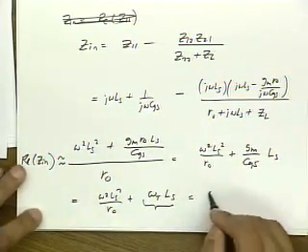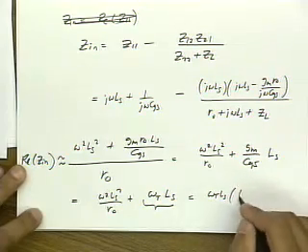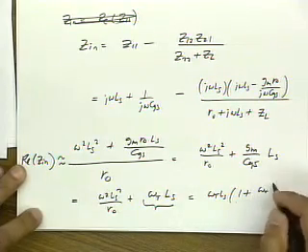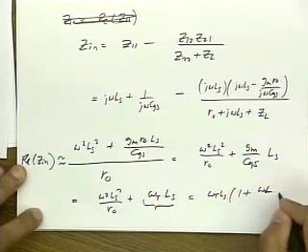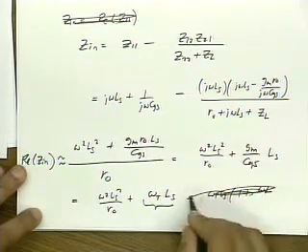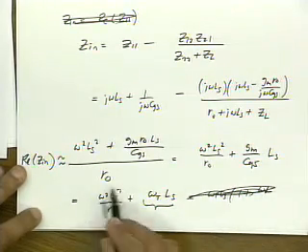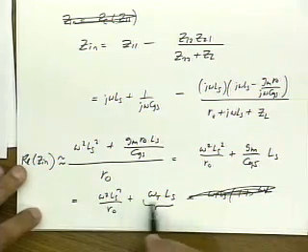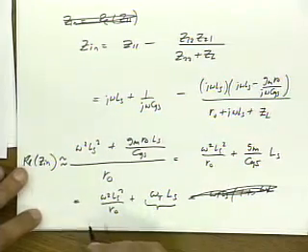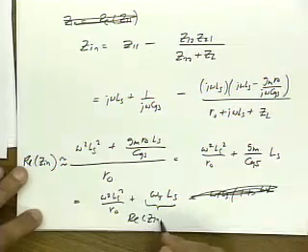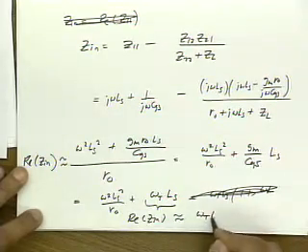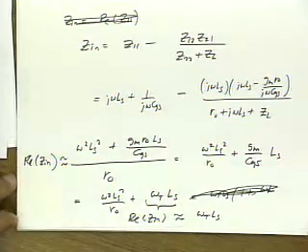If I just assume that this is much larger than this, then this term will actually dominate. And so the real part of Zin is approximately omega T Ls. Okay?